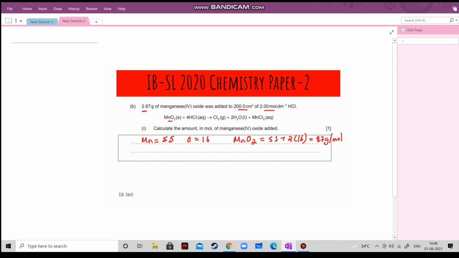Number of moles is given weight by molar mass, that is 2.67 divided by 87. So this finally comes out to be 0.0307 moles. And that's the final answer to this question.